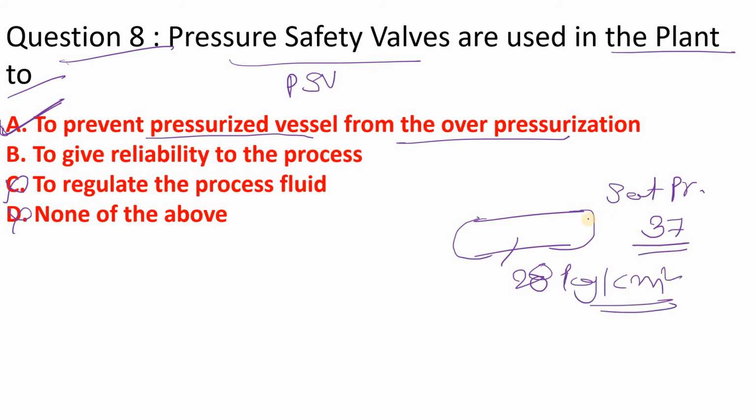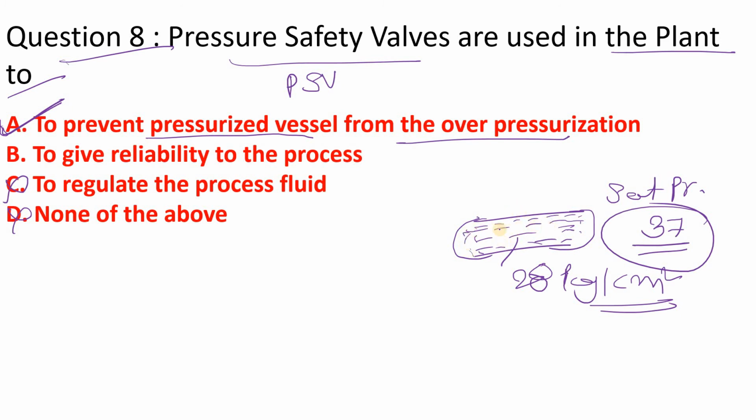And by any reason the pressure increases from 28 to 37, so the PSV will actuate. When this PSV actuates, it means that our vessel is being over pressurized. So we will take some serious action.